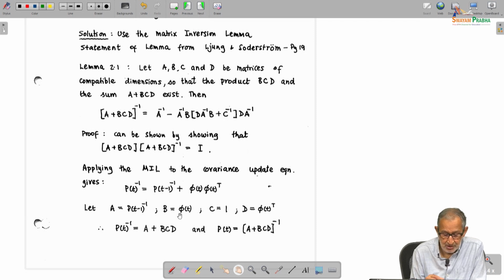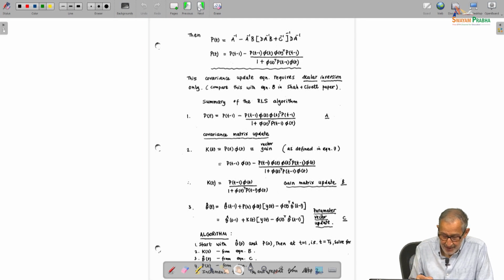So remember, the term BCD is also of compatible dimension to A. So now, in terms of phi, C, 1, phi transpose and P t minus 1, we would like to obtain an expression for P of t. P of t is therefore A plus BCD inverse.